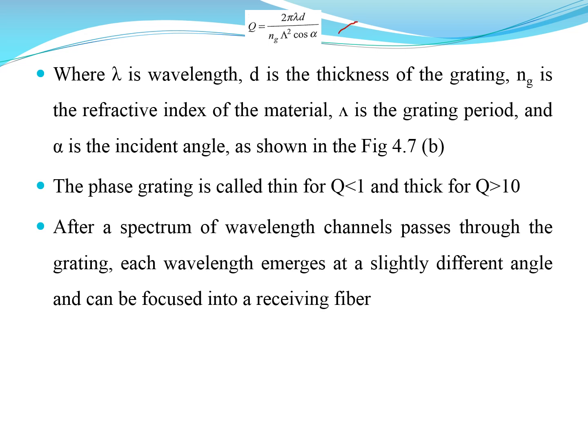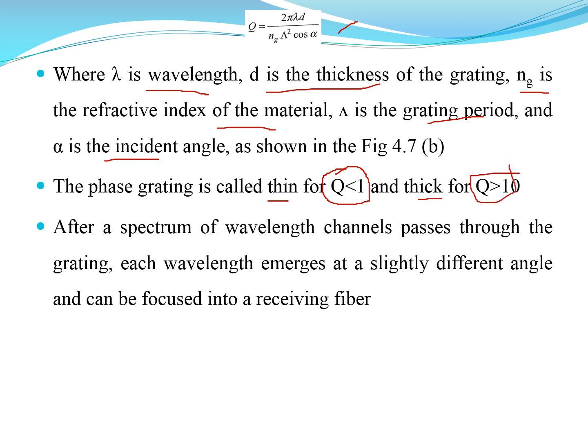Q is equal to 2 pi lambda d divided by Ng times delta squared times cos alpha, where lambda is the wavelength, d is the thickness of the grating, Ng is the refractive index of the material, delta is the grating period, and alpha is the incident angle. The phase grating is called thin if the Q parameter is less than 1 and thick if Q is greater than 10.